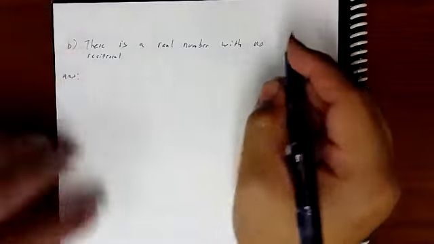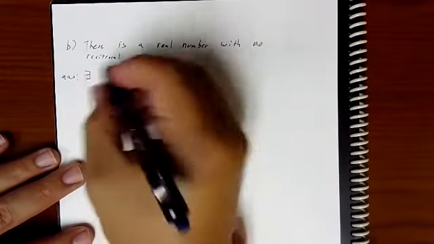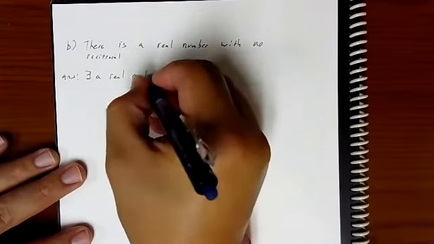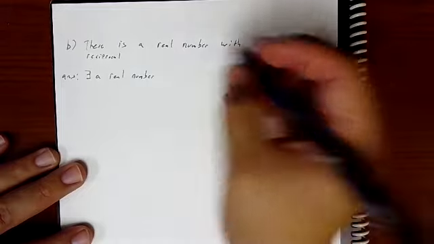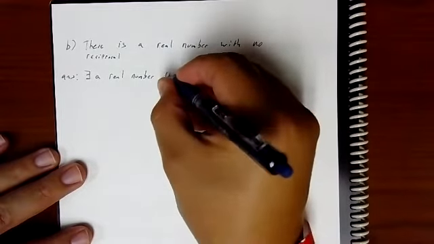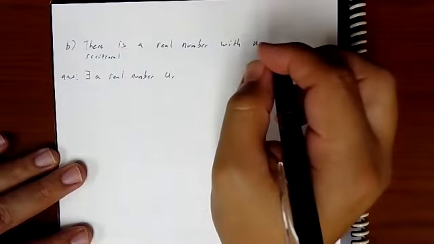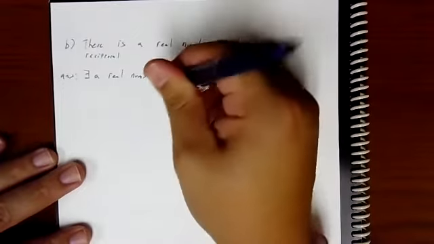Okay, so the solution would be translated this way. There exists a real number, we'll use u again, no, the book uses c, let's use c.